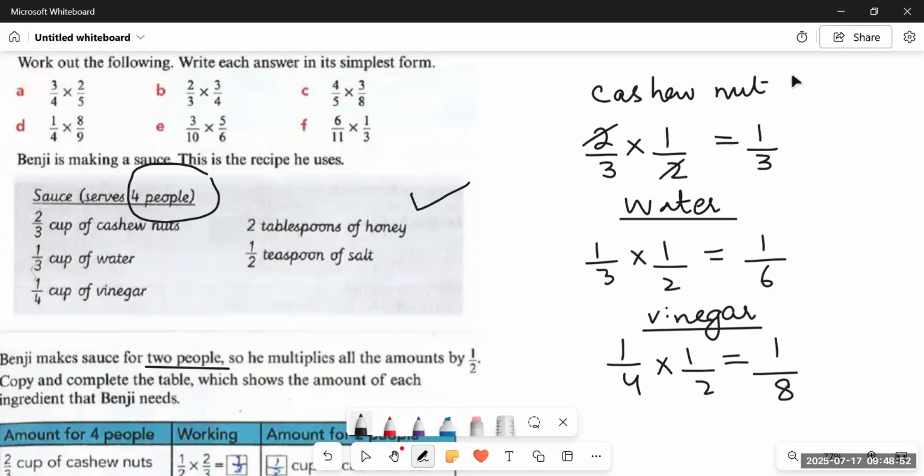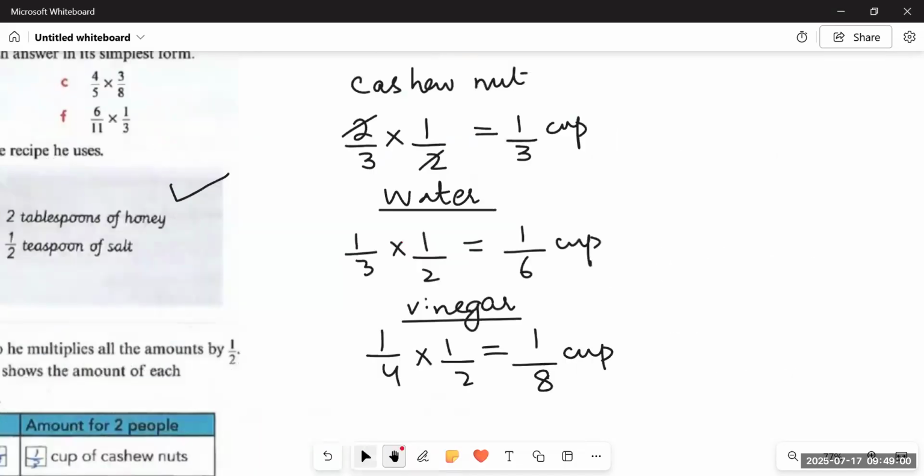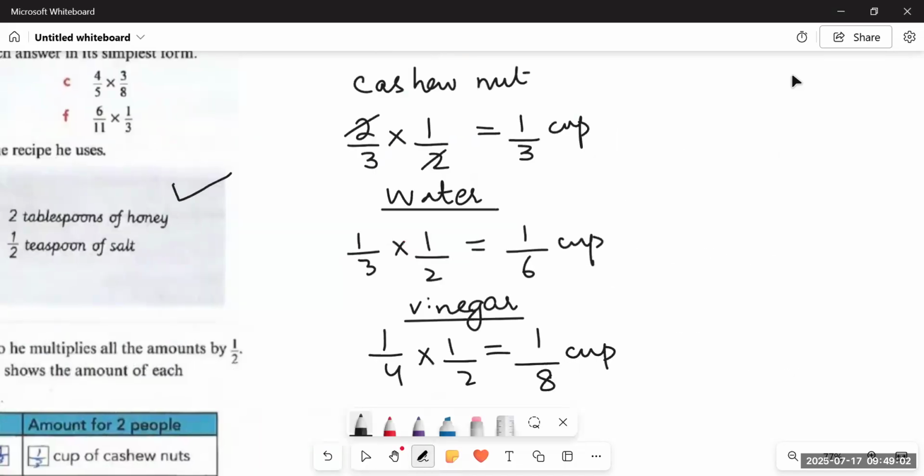That's all. So it would be 1/3 cup, 1 upon 6th cup, 1 upon 8th cup. Then we are left with honey, which is 2 tablespoons. So we'll multiply it by 1 upon 2.